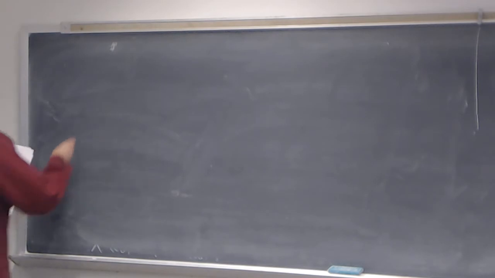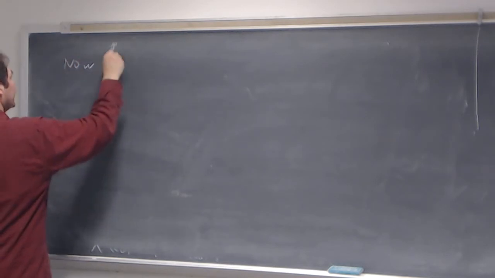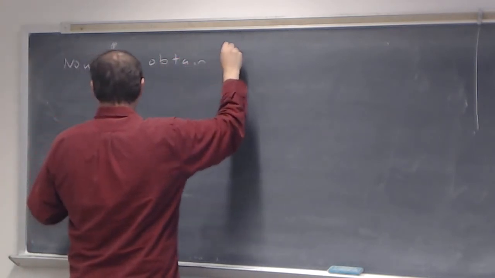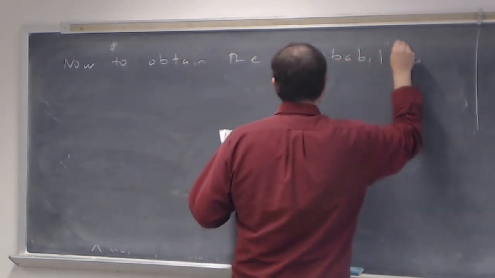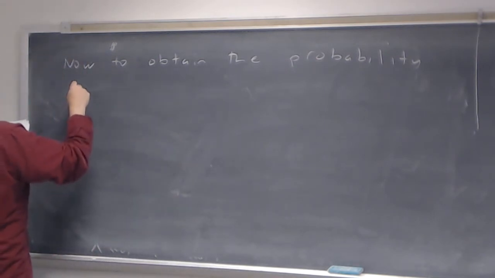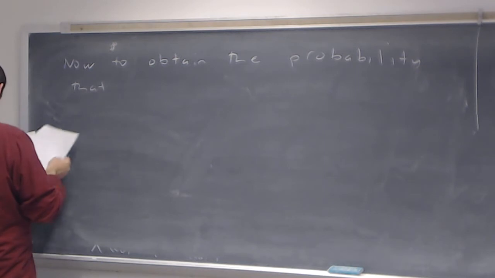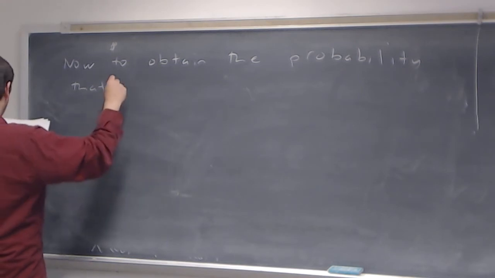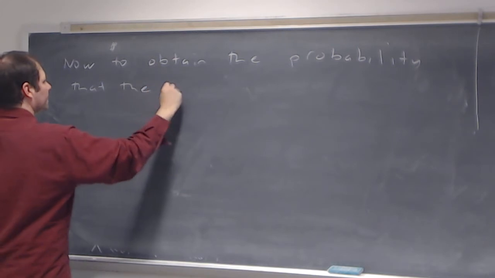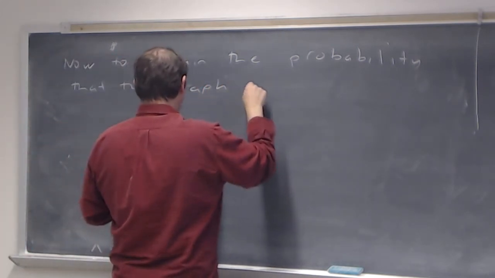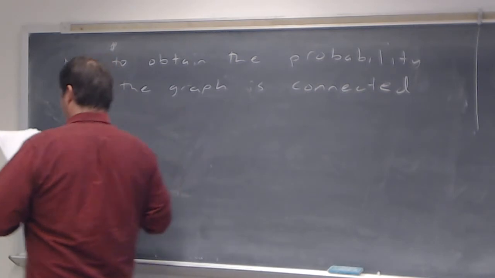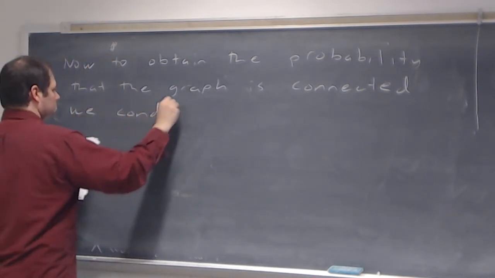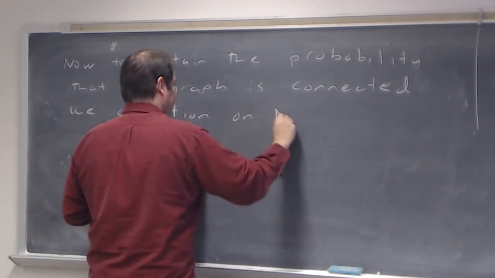Now, to obtain the probability that the graph is connected, we condition on n.